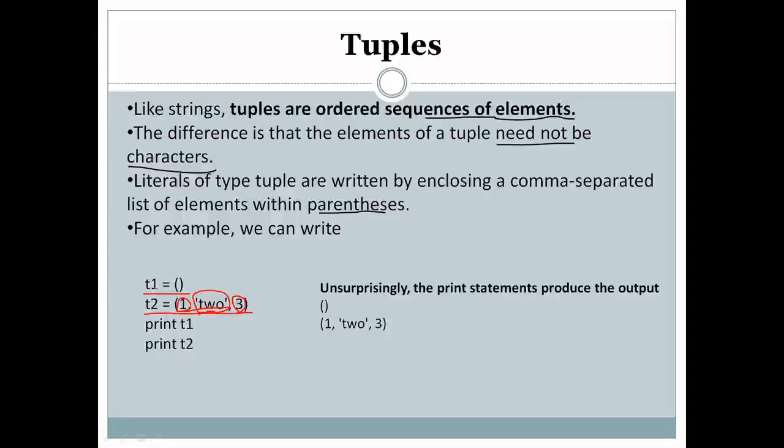So we have created two tuples here, one that is empty and a second one having three different values. Now when we say print t1 and print t2, the first print statement will print simply the brackets because it is an empty tuple. In the second print, you can see it has printed the elements of tuple t2.